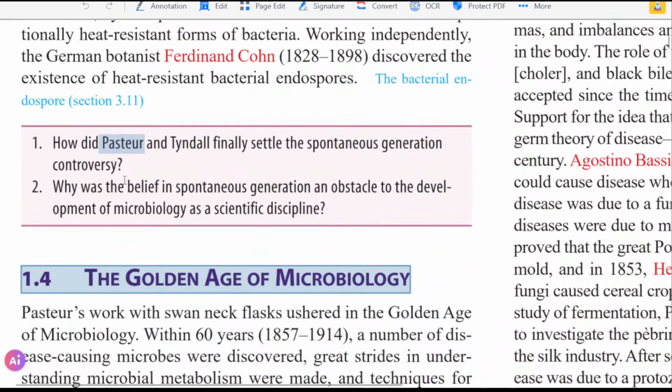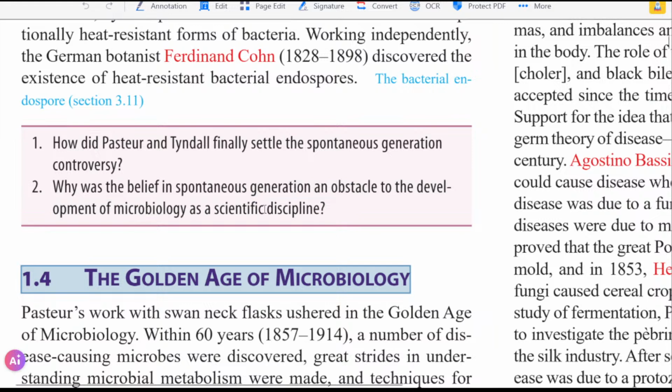He named them germs. So why was the belief in spontaneous generation an obstacle to the development of microbiology as a scientific discipline? Like, belief in spontaneous generation was an obstacle? To me, it wasn't an obstacle. I think it was actually a stepping stone for microbiology to go further, because people actually started experimenting on the microorganisms, the same microorganisms which they couldn't believe existed till now.